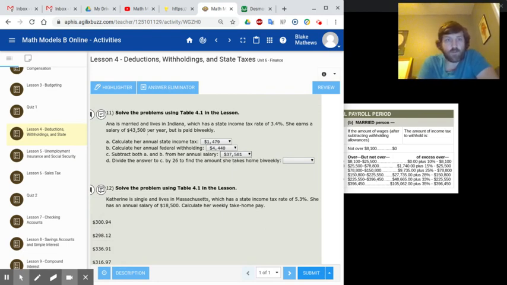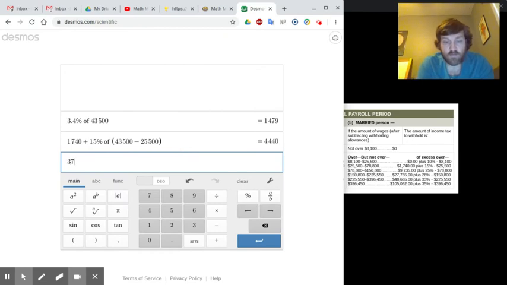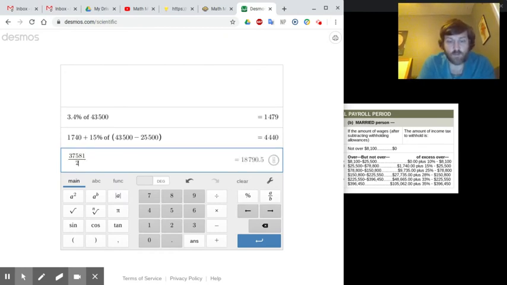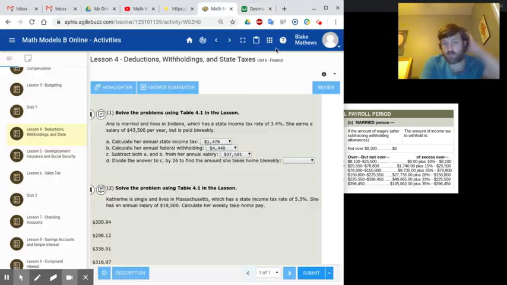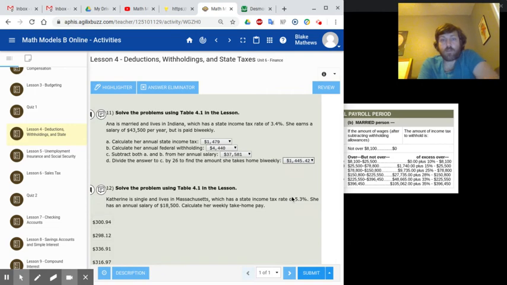So we did 43,500 minus this, and we got this answer here. Then all we have to do is divide C by 26 to find the amount she takes home bi-weekly. 37,581 divided by 26 is 1,445.42. And that's the answer.